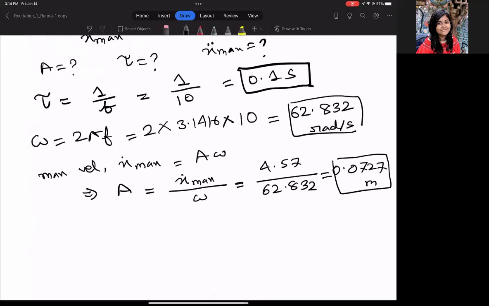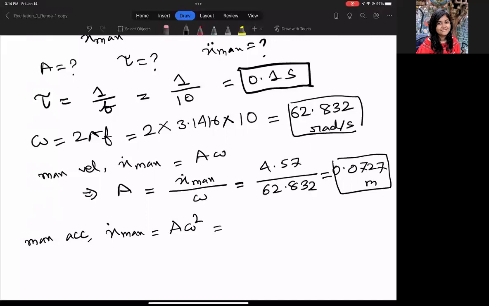Next, we need to find out the maximum acceleration, which is x double dot max, and this is equal to a omega square.